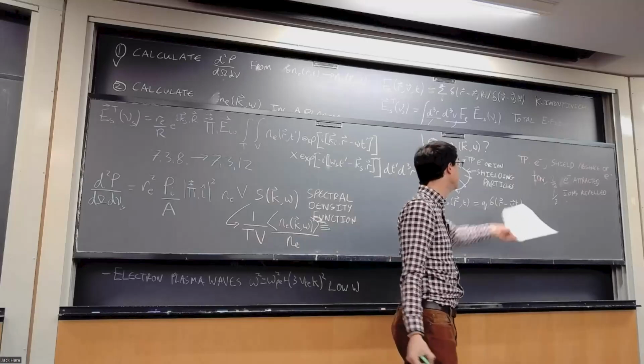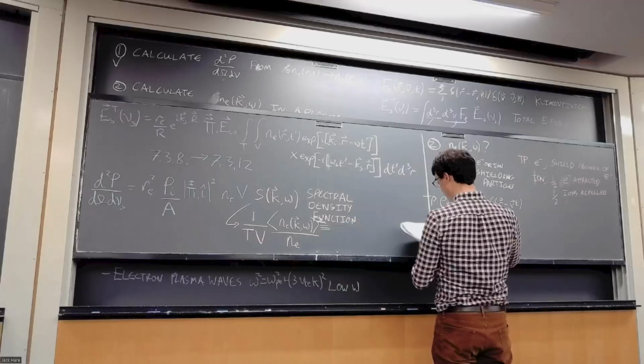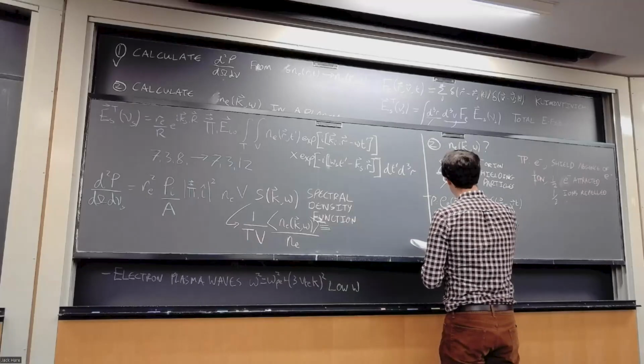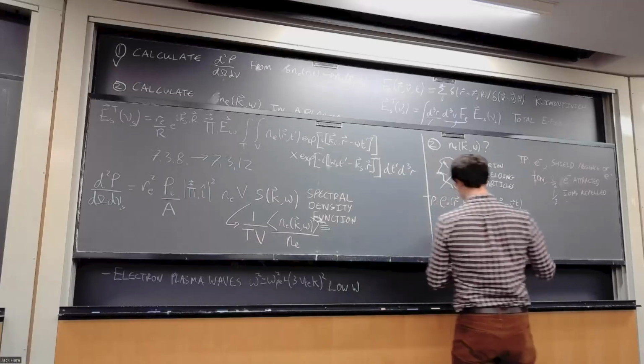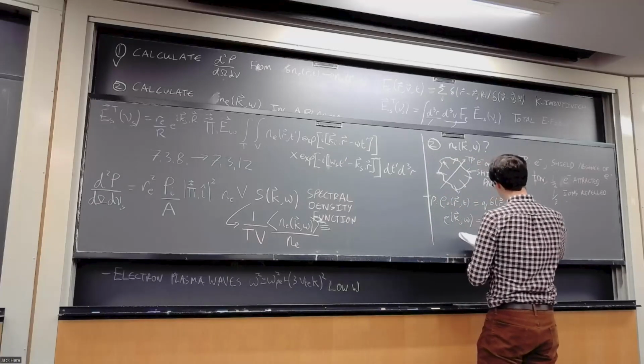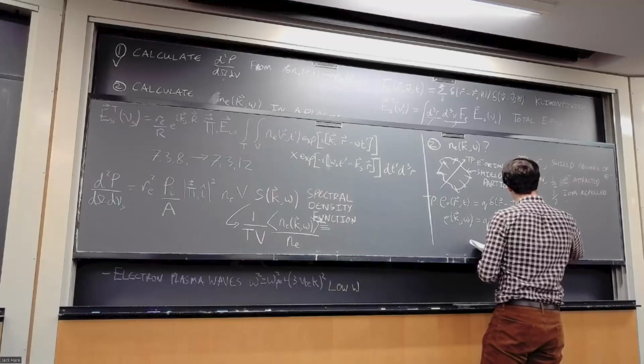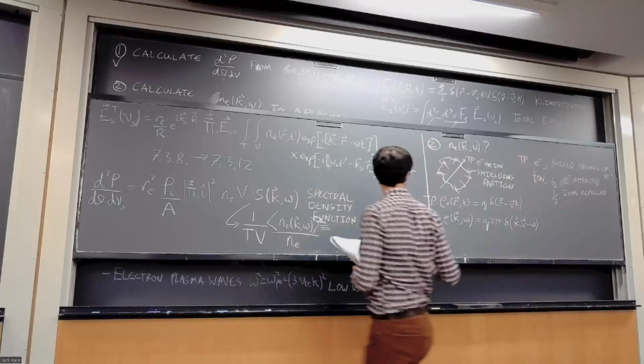It's at some position r, moving at some velocity v in a straight line. And that means that its Fourier transformed contribution to the charge density is equal to q 2 pi delta(k dot v minus omega). So this is the Fourier transform.